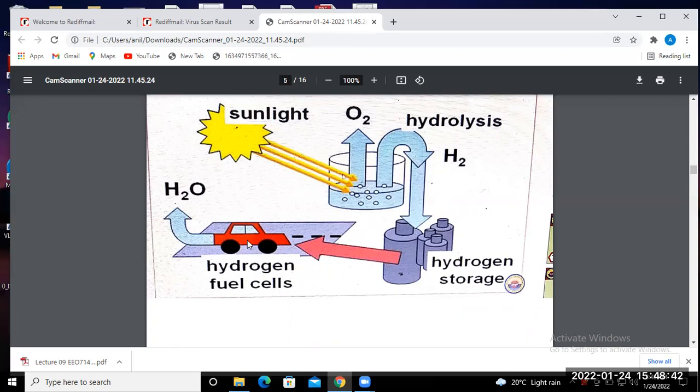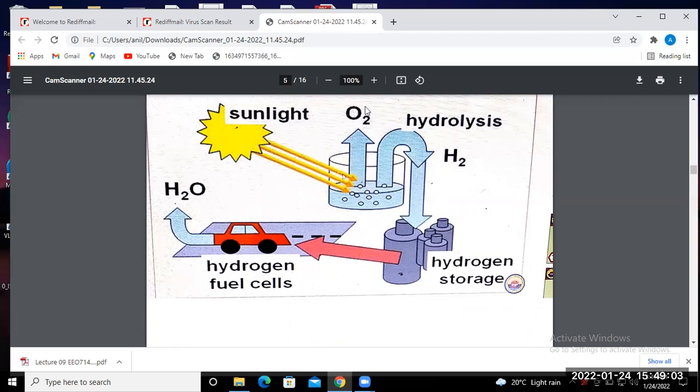So the basic requirement for hydrogen production is water. That water, in the presence of sunlight, undergoes hydrolysis, and the oxygen and hydrogen gas are separated.